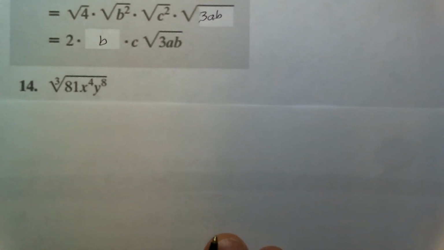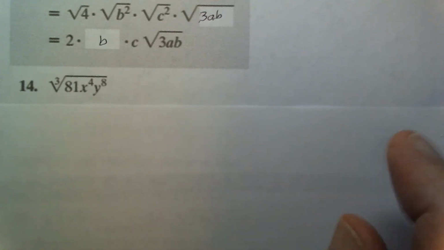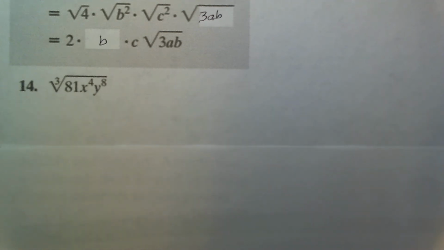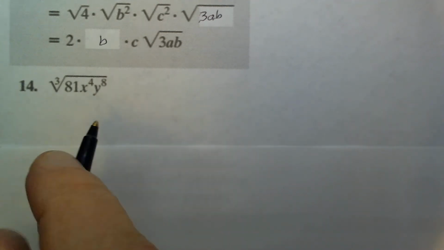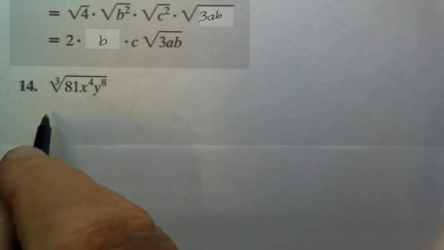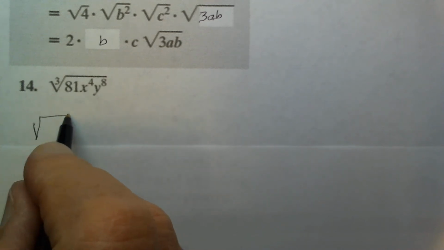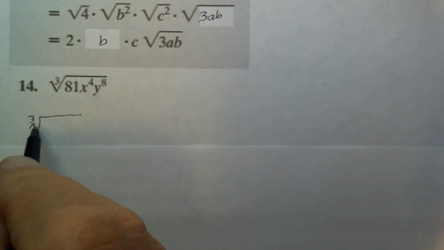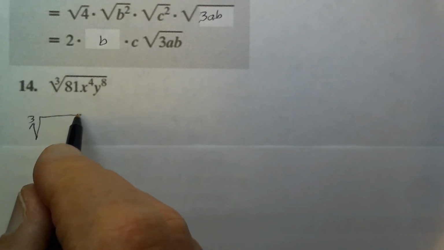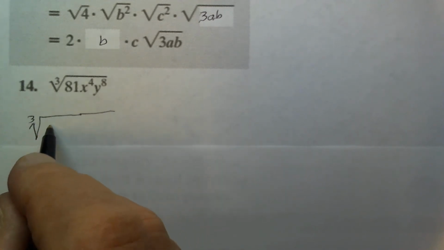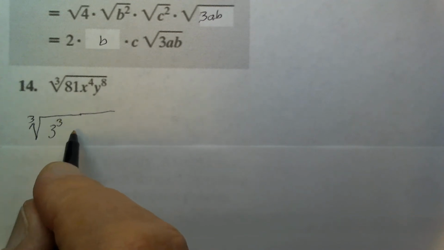And so number 14 is very similar. So we can write it as follows. So here we can factor the radicand as follows. So third root, and we can write 81, that is 3 to the fourth, so 3 to the third times 3.